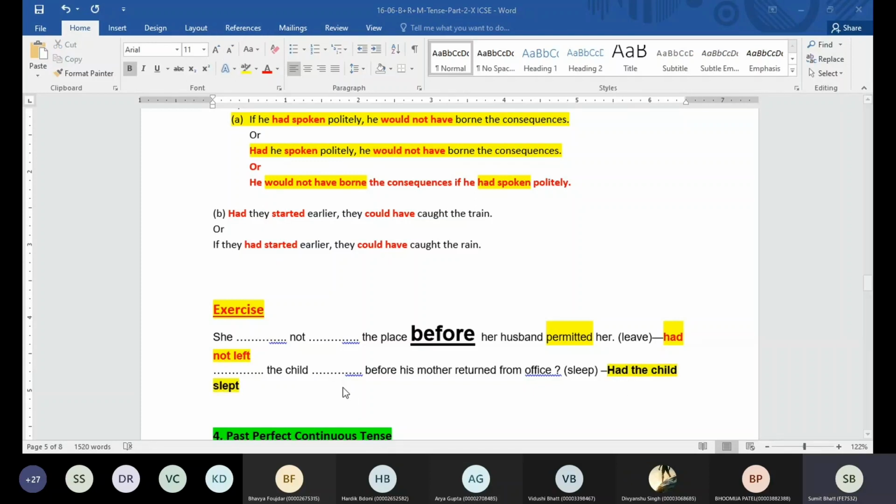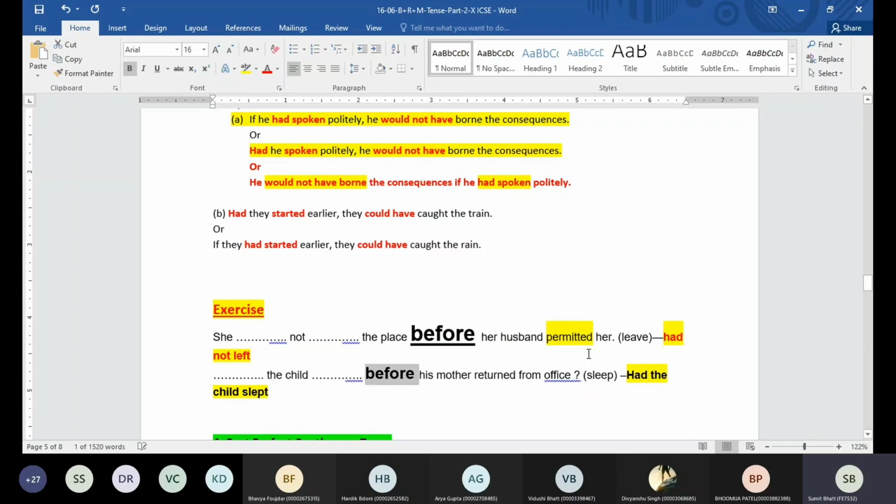Can I say did the child sleep? Not really. Because we have to use a combination here. Okay, what are we using in between? Before, guys. So this is a keyword, guys, which is going to let us know that okay, we are referring to two actions. One was done first and second took place afterward. So if you have a word like before and after, chances are we are going to use combination of past perfect tense and simple past tense, guys.